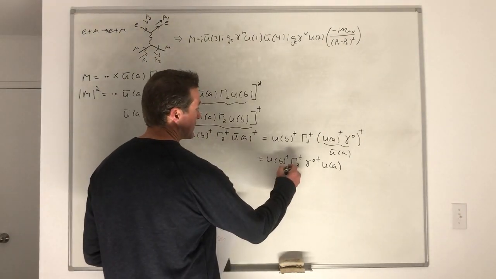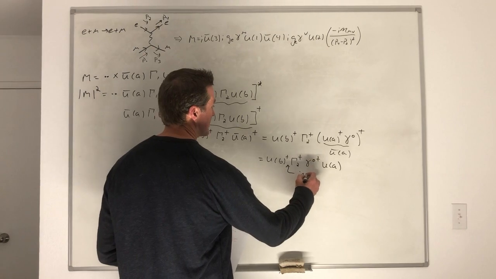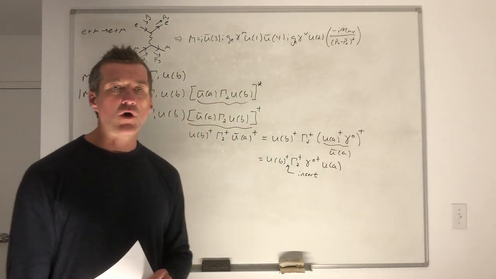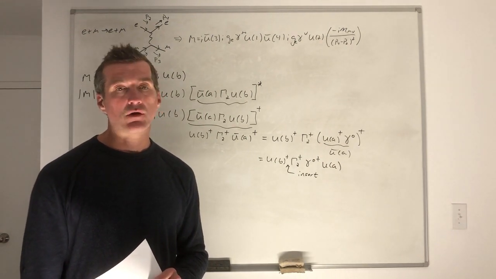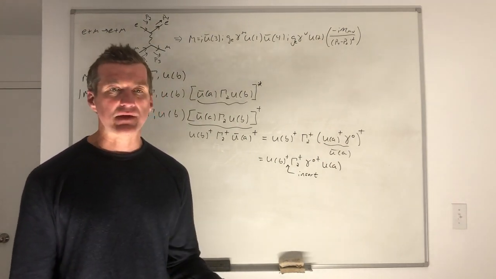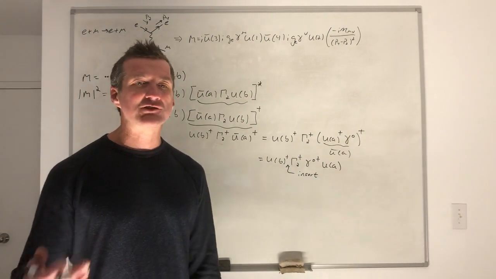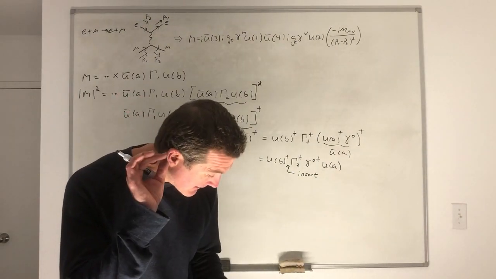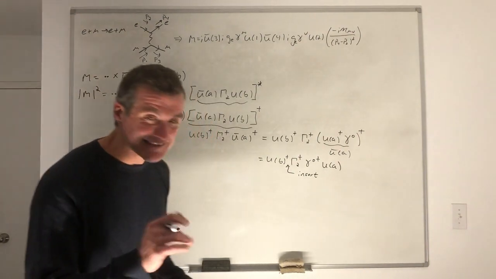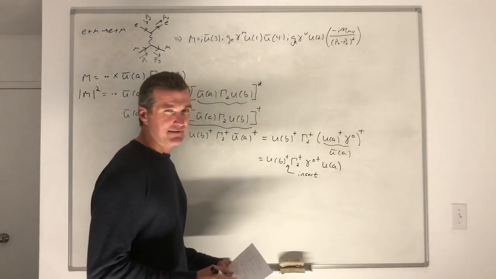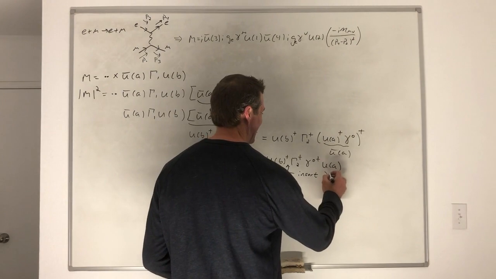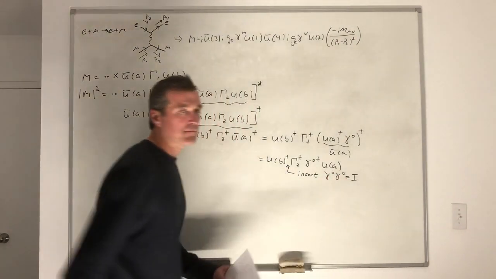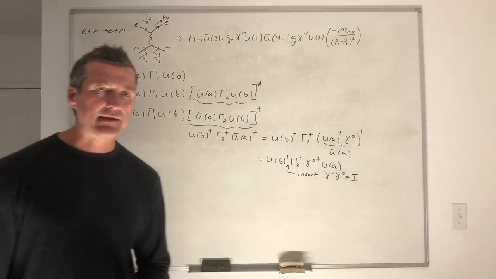And now what I'm going to do is I'm going to insert one of my favorite forms of 1, or the matrix 1 in spin space. What's your favorite form of the matrix 1 or the identity in spin space? Yes, exactly. Remember, gamma 0 squared is equal to the identity.